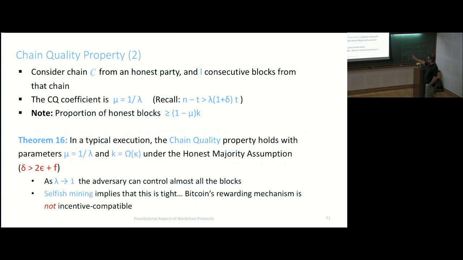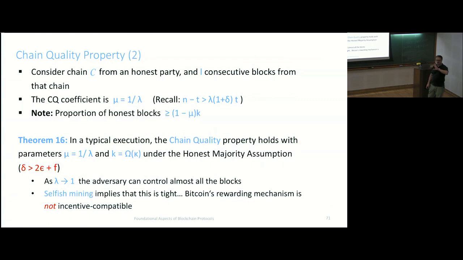In fact, what we can show is that you can achieve it with, remember, mu was the parameter, the proportion of adversarial blocks in a sequence. Okay, you can achieve it with 1 over lambda. And remember, lambda was the value that you want the good guys to be over the bad guys.